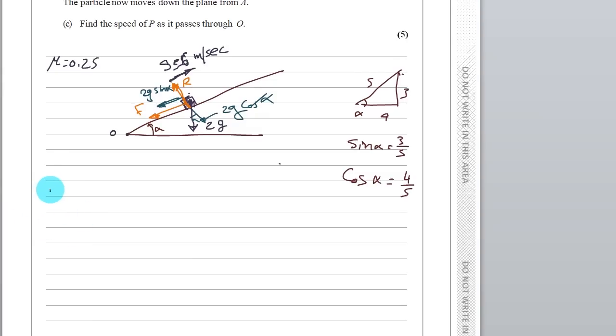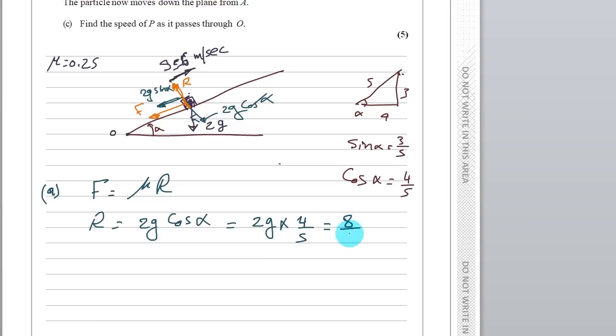The first question he asked is about the friction. Friction is equal to mu multiplied by R. And R is equal to 2g cosine alpha, which is equal to 2g multiplied by 4/5, which is equal to 8/5 g.